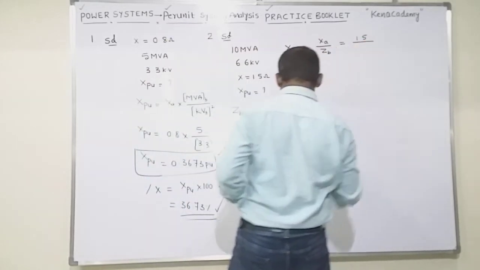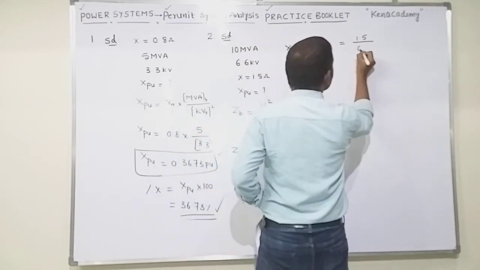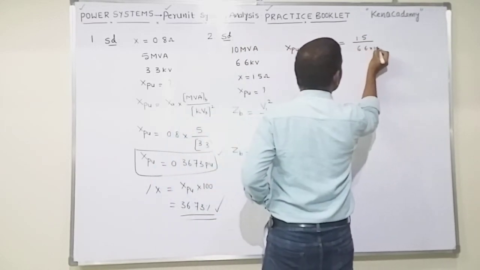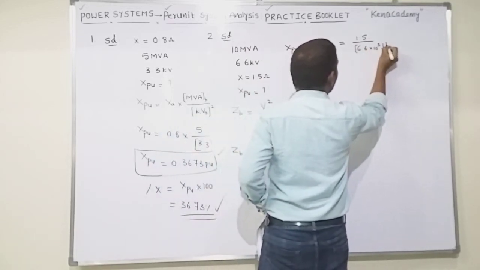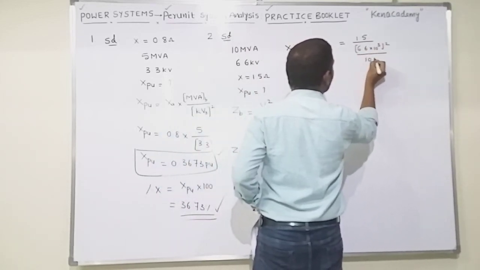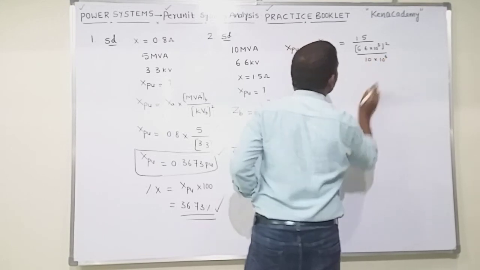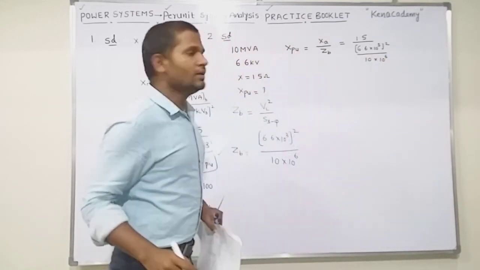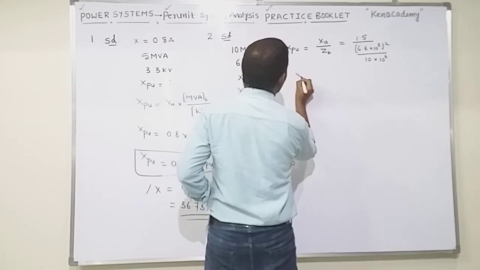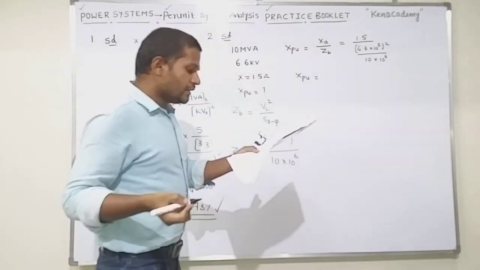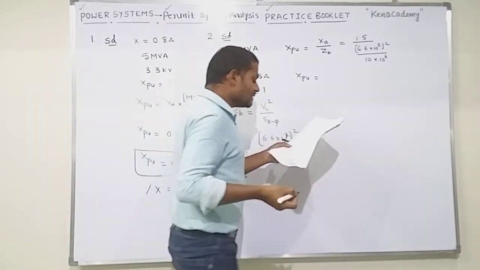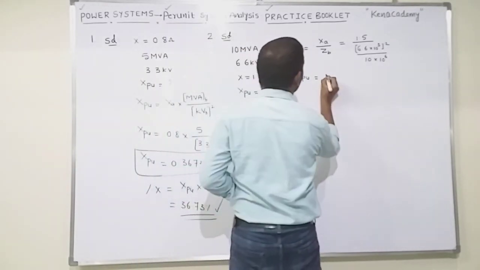The base impedance is 6.6 into 10 cube whole square by 10 MVA, 10 into 10 power 6. You do that calculation, then you can get the per unit reactance as 0.3443.